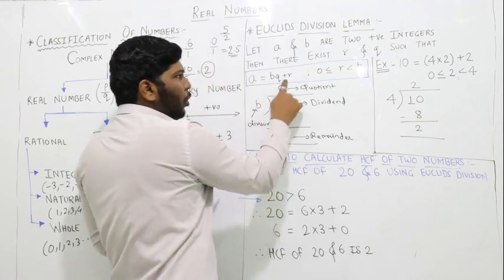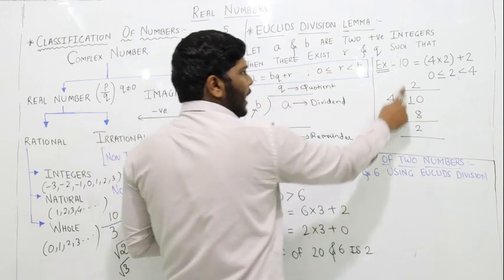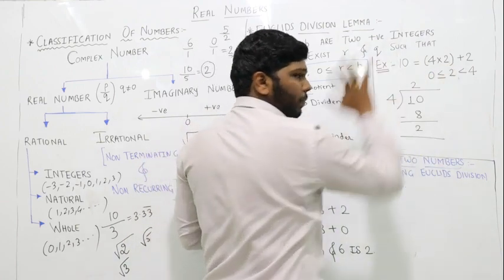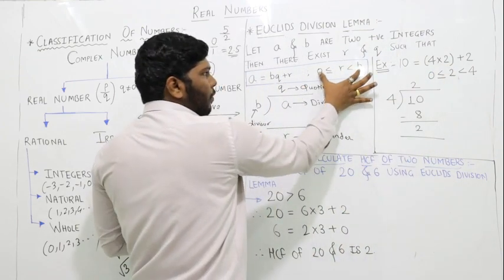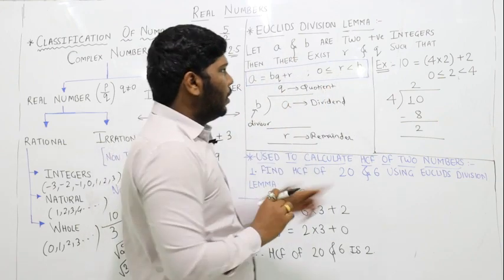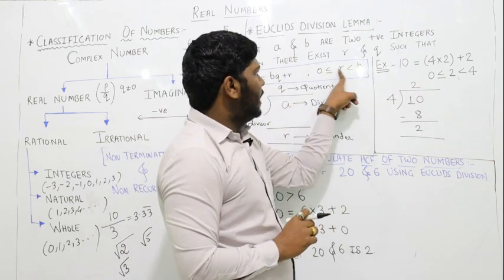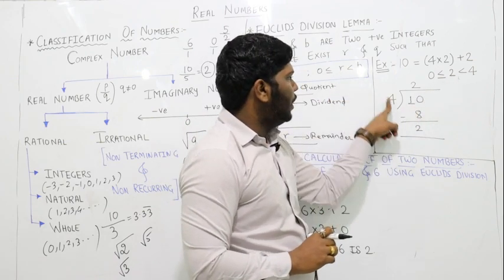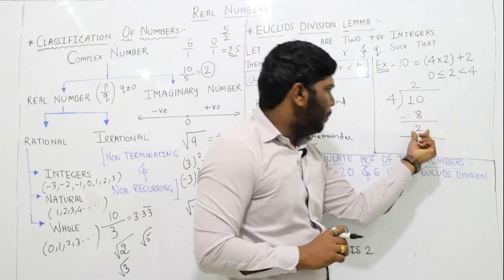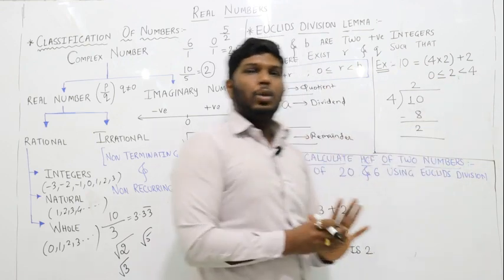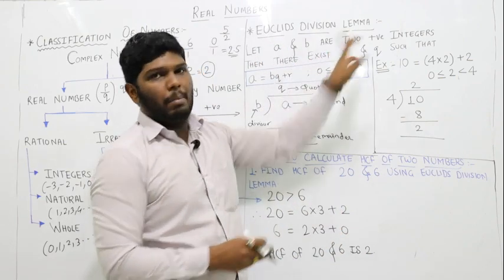So like a is equal to bq plus r, we can write it as 10 is equal to 4 into 2 plus the remainder 2. Now let us think of this statement where 0 is less than or equal to r, less than b. So 0 is less than or equal to r. What was r here? r is 2. And what is the value of b? It is 4. So the remainder will always lie between 0 and the divisor. This is called Euclid's division lemma.